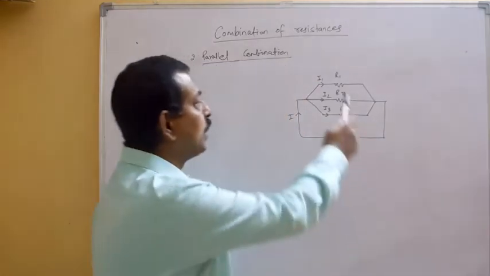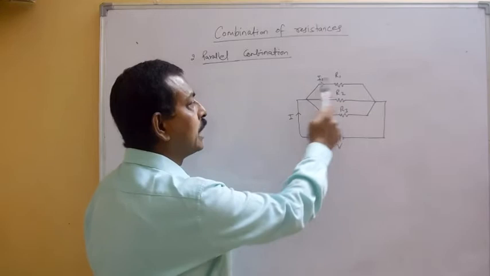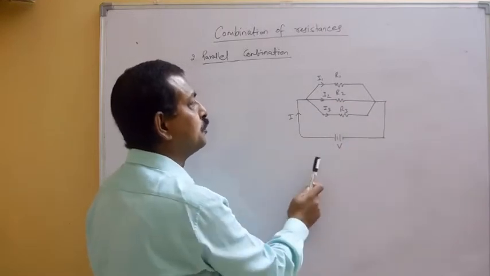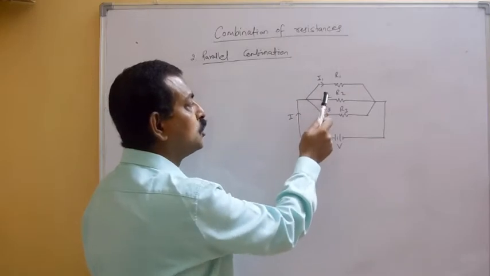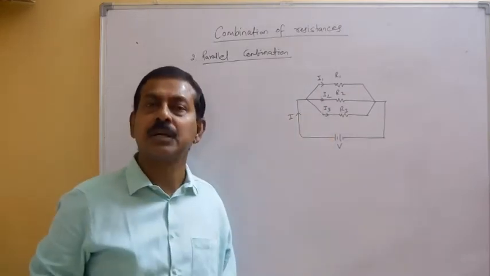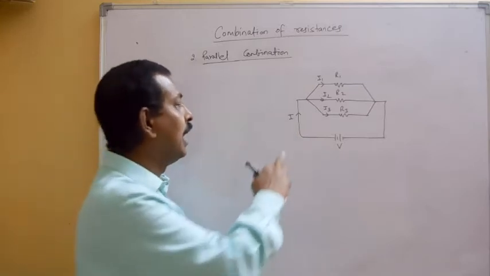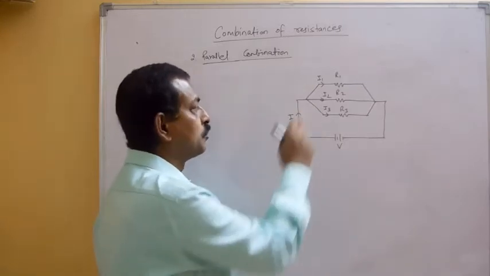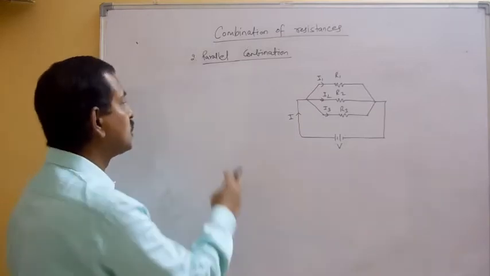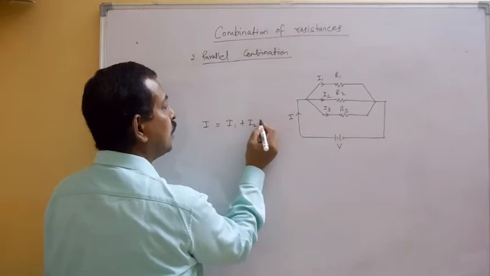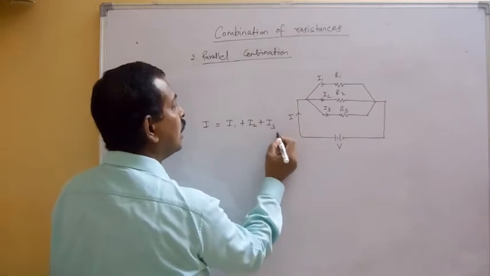So here we have R1, R2, R3 connected in parallel, and this is connected across a potential difference V. I1, I2, I3 are the currents through the resistances R1, R2 and R3. And here I is the current drawn from the source. So obviously I will be I1 plus I2 plus I3.